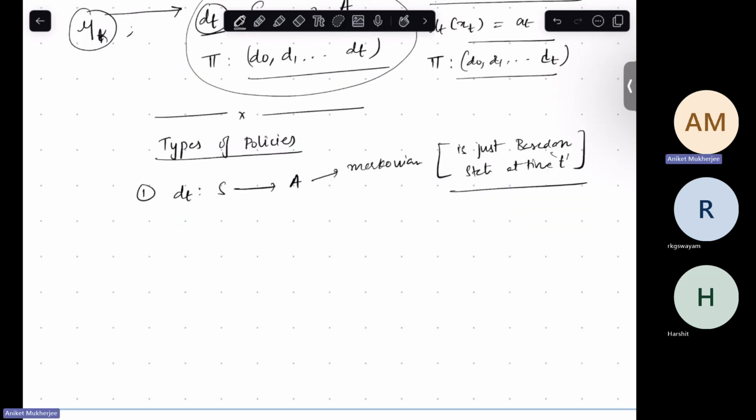Just before describing all this, I have to denote what history means. History ht is basically a sequence of all the values that you have taken till time t, and you have memory of it. Suppose you're at state s0, you take action a0, then you go to s1, you take a1, and so on.